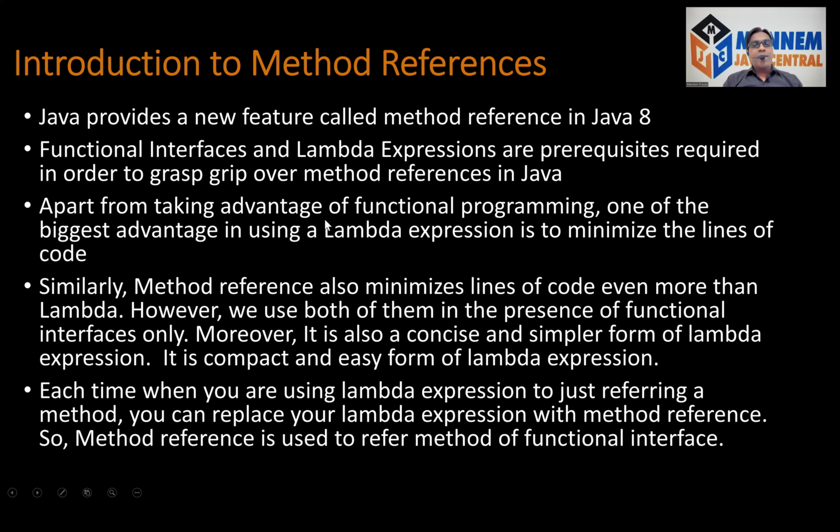Apart from taking advantage of functional programming, one of the biggest advantages of using a Lambda expression is to minimize the lines of code. We already know that functional programming provides concise code, that is, it lets the developer minimize the lines of code.